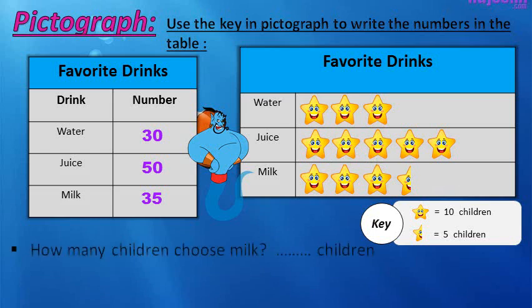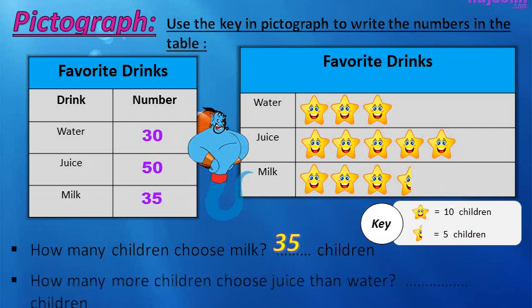Now let's answer this question. How many children choose milk? From the table of the favorite drinks, 35 children. And how many more children choose juice than water?